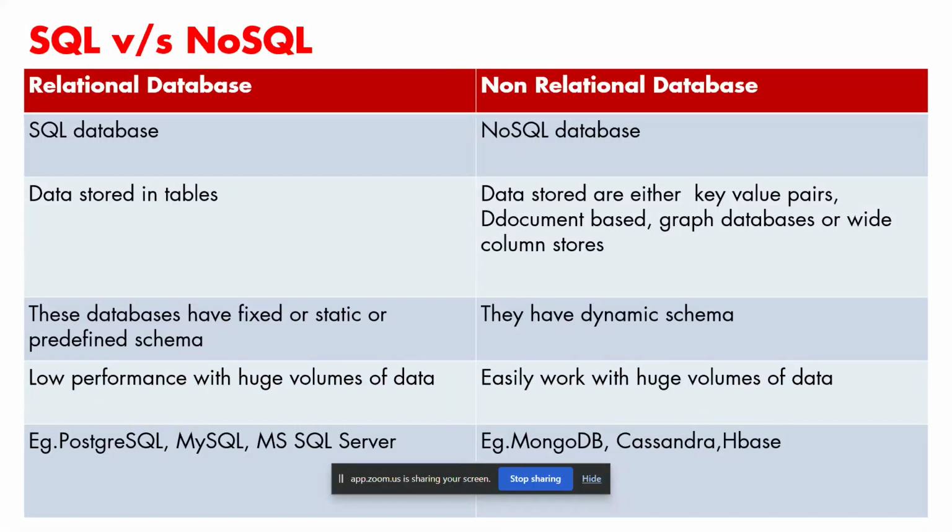All right. So now in a relational database, there is a predefined schema or a static format, while a non-relational database is dynamic. That is, it can be any format.